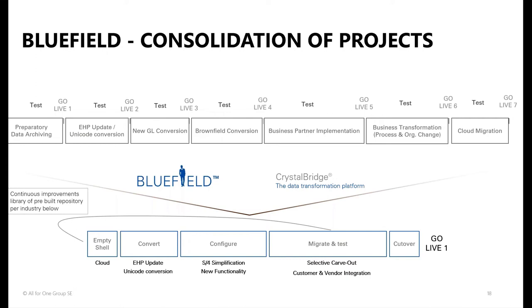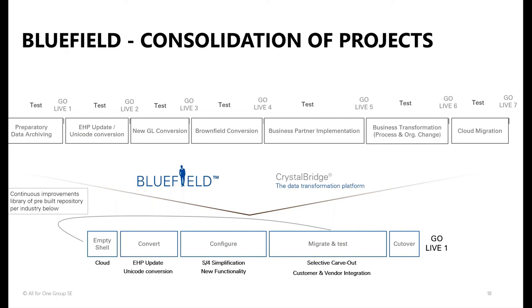Then he had to prepare the new GL conversion, which is required, for example, with S4HANA projects. Sometimes he is forced to execute the Brownfield conversion to S4HANA, and the business partner implementation, which is crucial for S4HANA as well. And then at the end, the business transformation, which will touch the process and the organization change. And when that project is finished, he could move, for example, to the cloud migration.